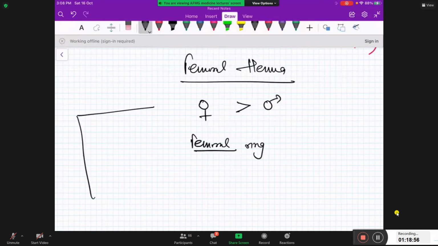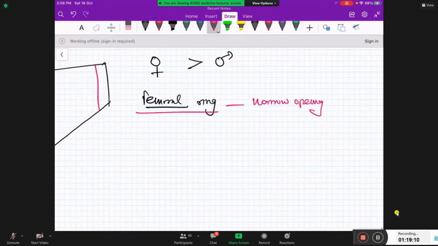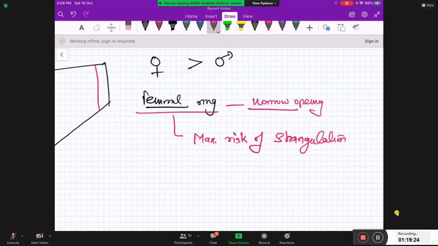Since femoral hernia comes out through the femoral ring, which is a narrow opening, this hernia has a maximum risk of strangulation. A very commonly asked question.